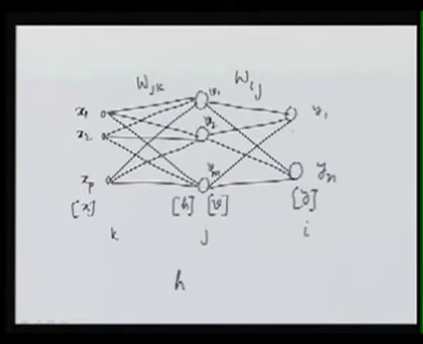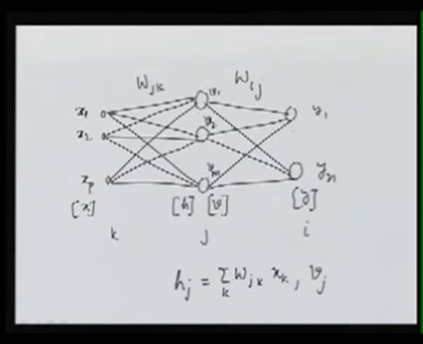So, h_j is simply the sum over k of w_jk x_k. So, this is your h_j, and then V is what you get after you go through this sigmoidal activation.